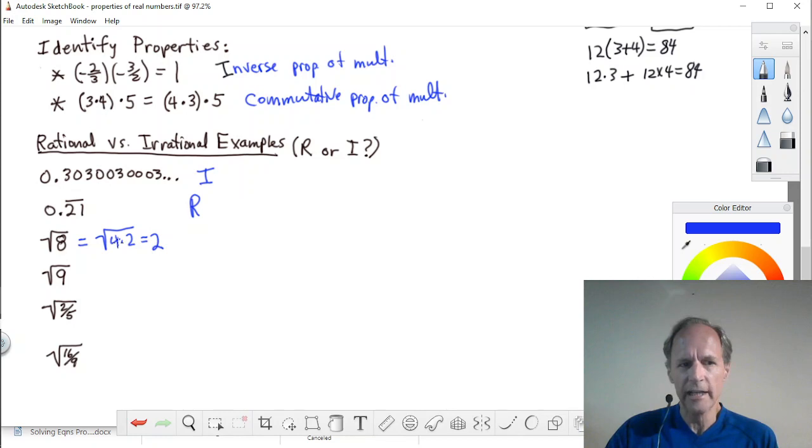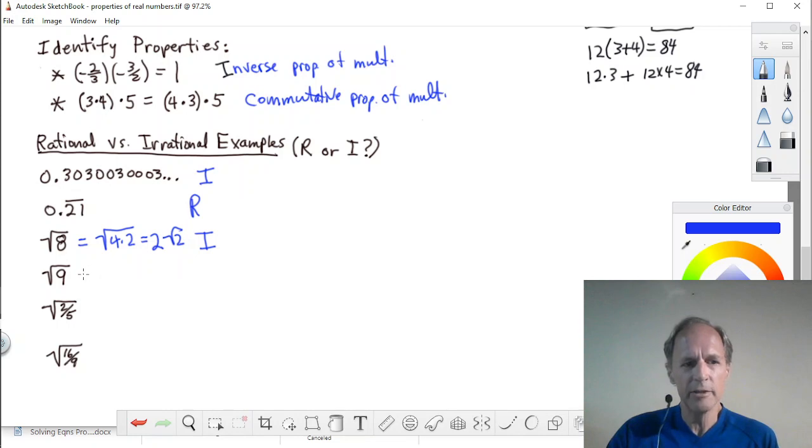So we calculate the square root of 4 being 2 and pull it out, so to speak, and that leaves the square root of 2 still in there. So it's 2 times the square root of 2, but the square root of 2 is irrational. Can't be written as a fraction. So multiplying it by 2 is not going to suddenly make it able to be written as a fraction. It's not. That's irrational.